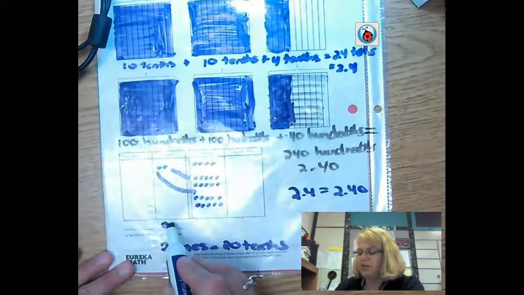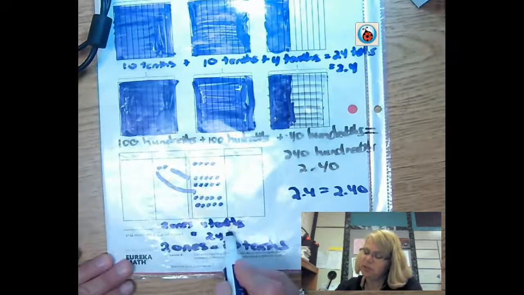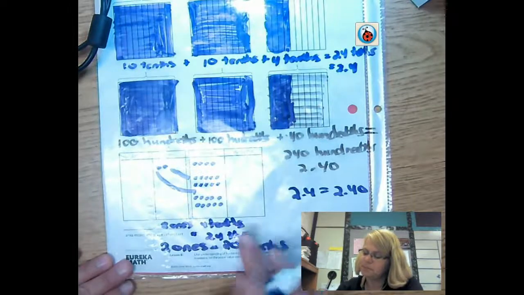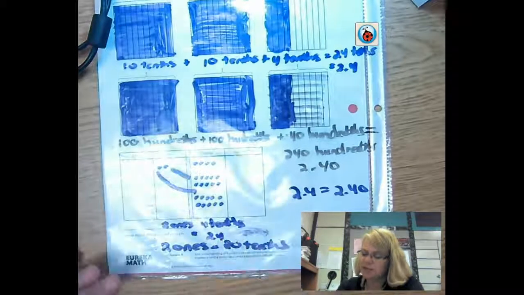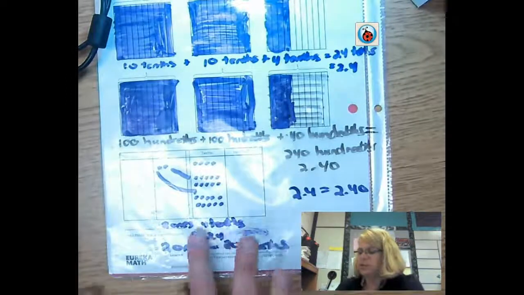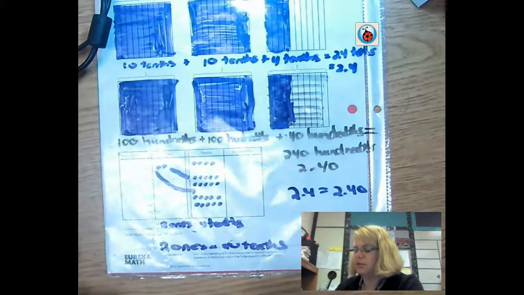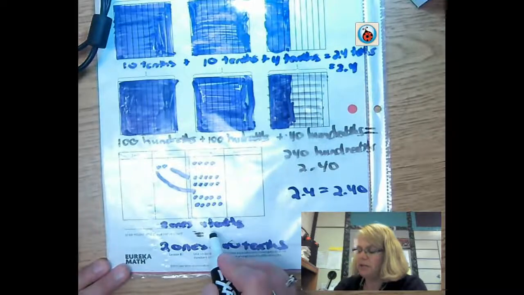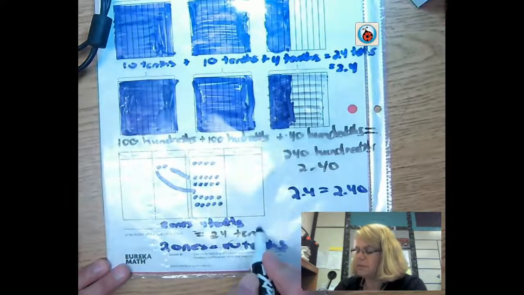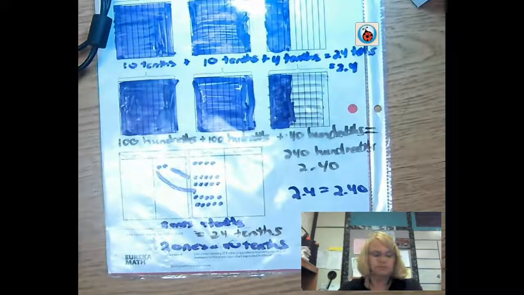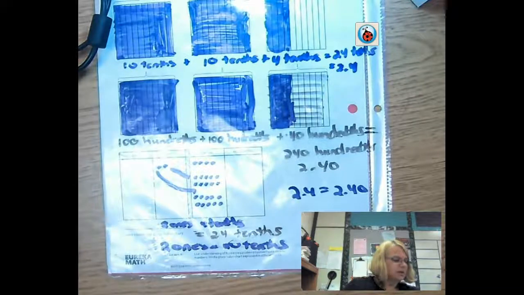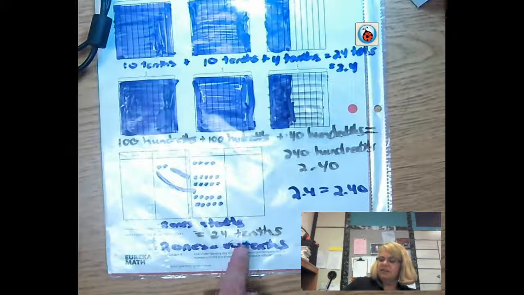Okay? So now, we started off with 2 ones and 4 tenths. But now we can say we have 24 tenths. The same as 24 tenths. Okay. How can I express 24 tenths as hundredths?